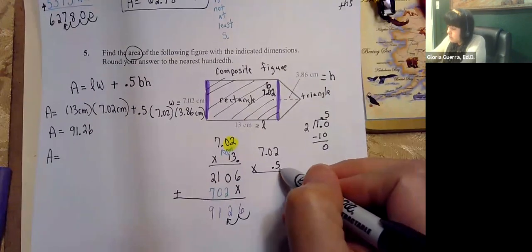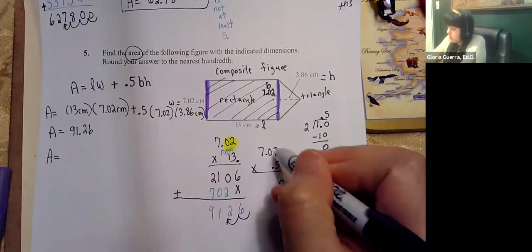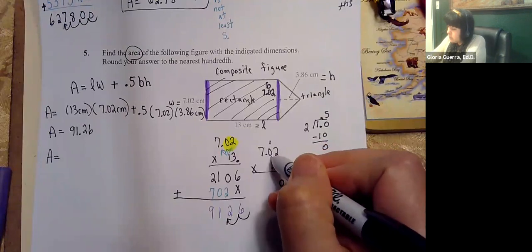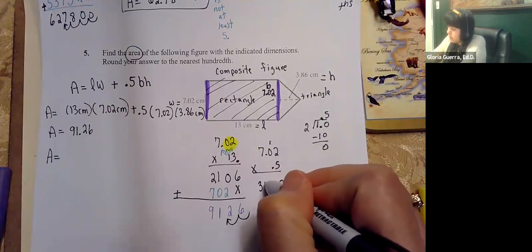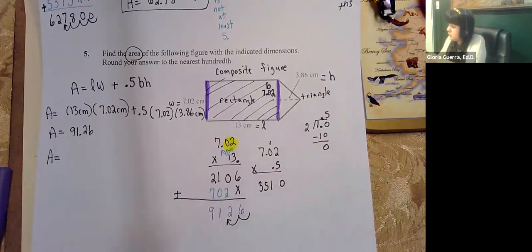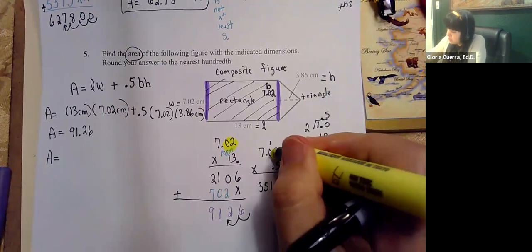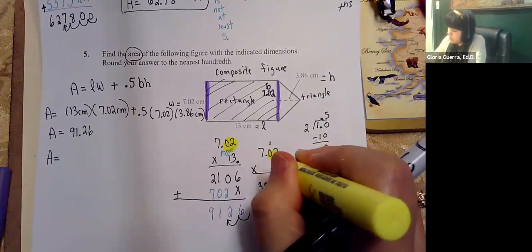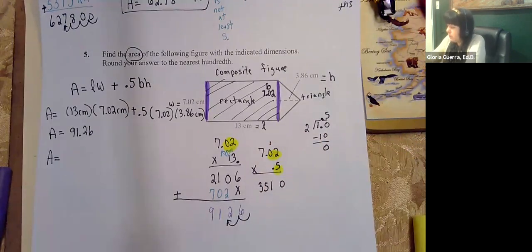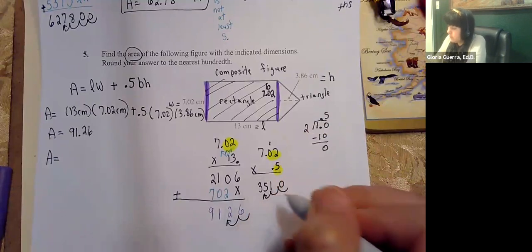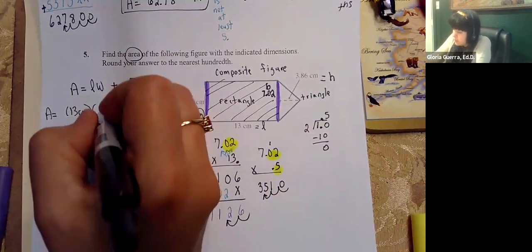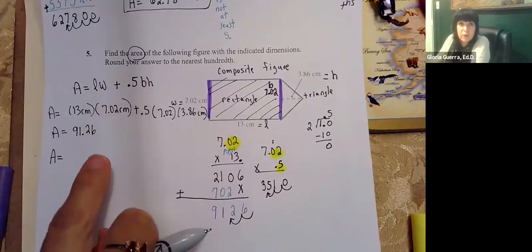And then 5 times 2 is 10, carry the 1. 5 times 0 is 0 plus 1. 5 times 7 is 35. And then when I count my decimal moves, this has 2, this has 1. It's a total of 3. 1, 2, 3.